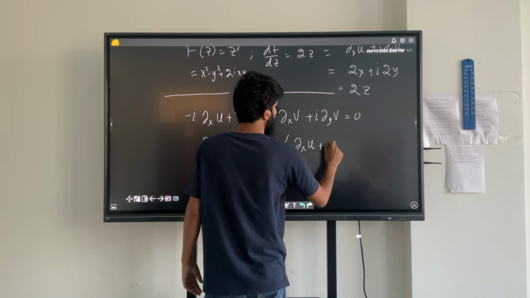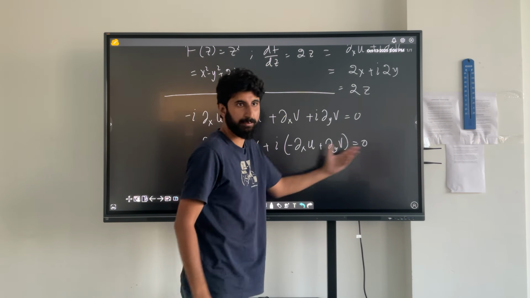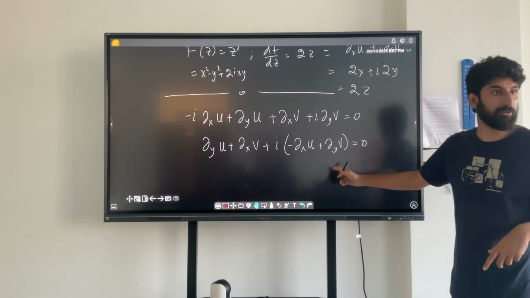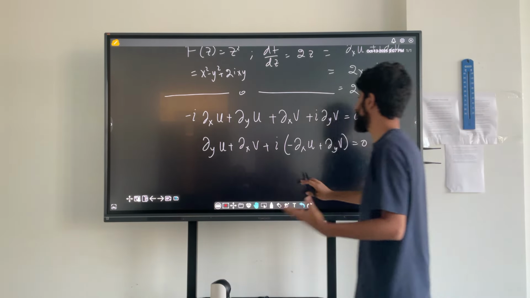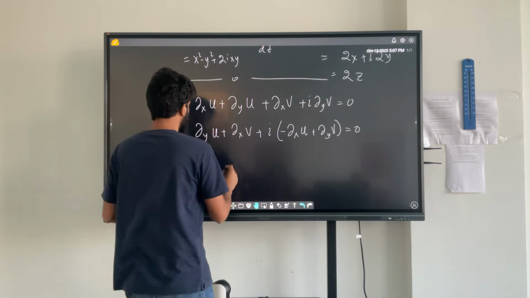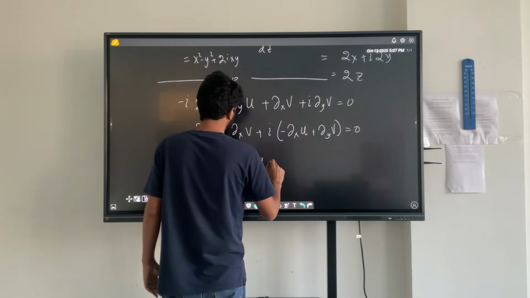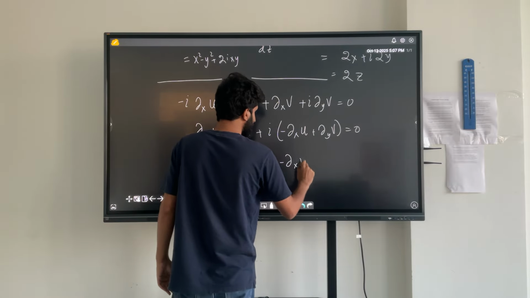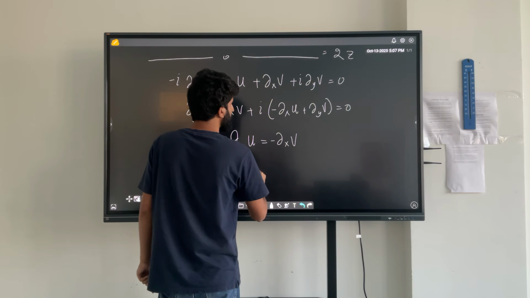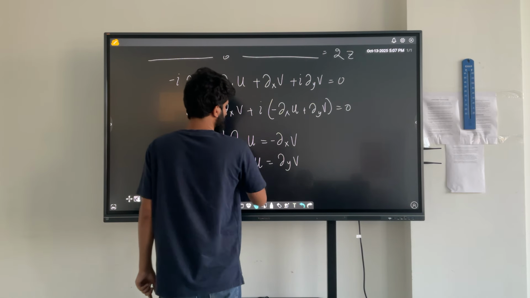If this complex number is 0, it means its real part should be 0 and its imaginary part should be 0. So what do I get? Partial y of u is equal to minus partial x of v, and there is something else I get: partial x of u is equal to partial y of v.